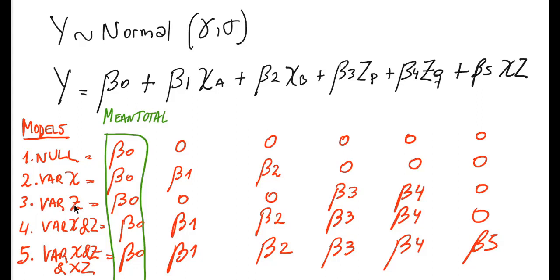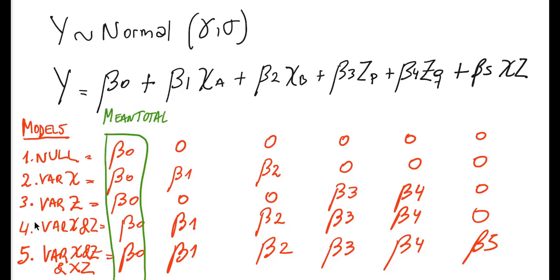That means that variable z has an effect on variable y. Now beta 1 and beta 2, which don't have anything to do with variable z, are fixed to 0. Beta 3 and beta 4 will be estimated with the data, and beta 5, which is the interaction parameter, will be set to 0.